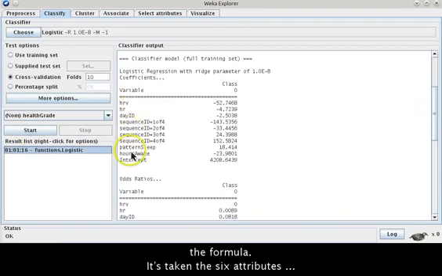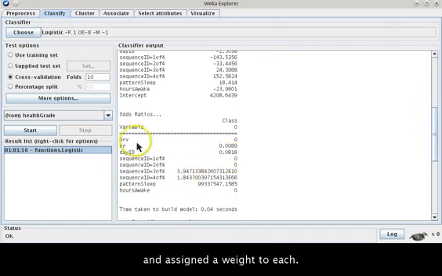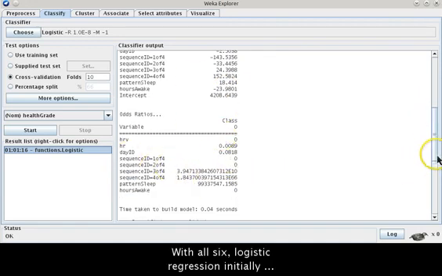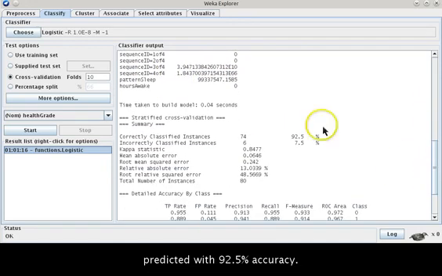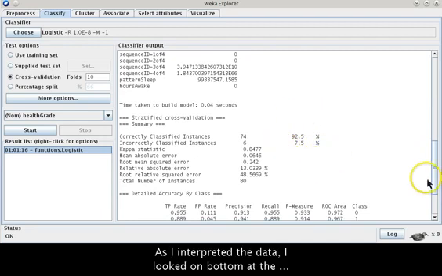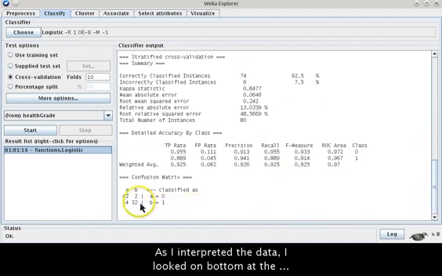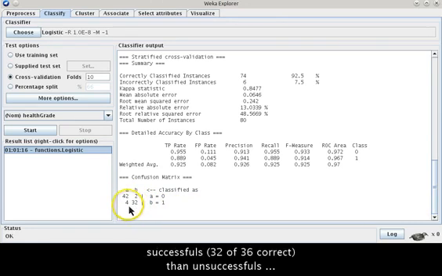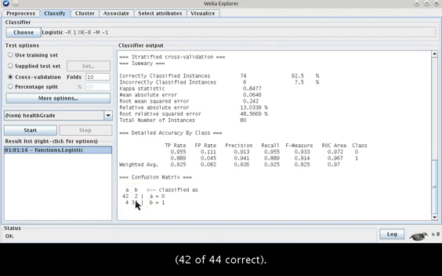It's taken the 6 attributes and assigned a weight to each of them. So with all 6, logistic regression initially predicted with 92.5% accuracy. As I interpreted the data, I looked on bottom at the confusion matrix and see it gets tripped up more on the successfuls, where it's 32 out of 36 correct, than the unsuccessfuls, where it's 42 out of 44 correct.